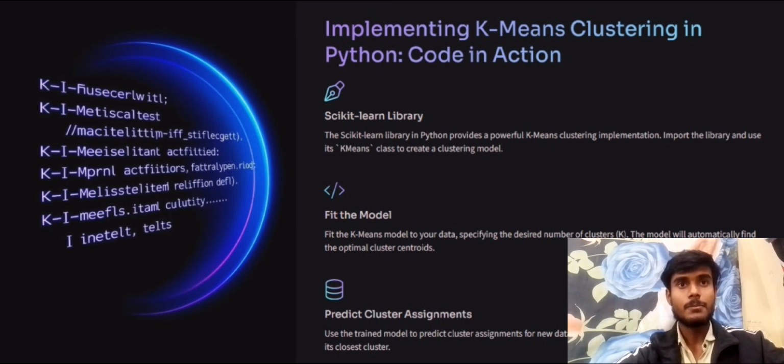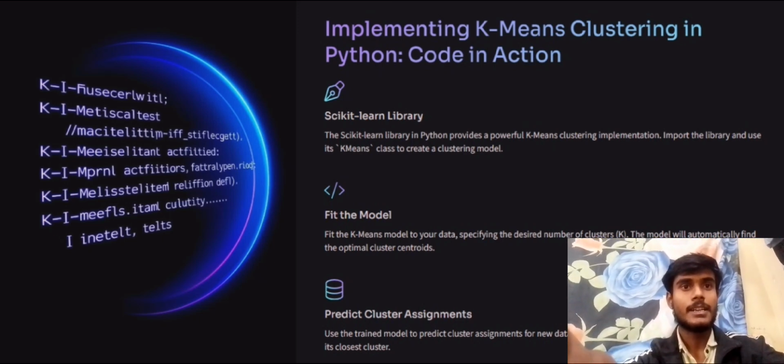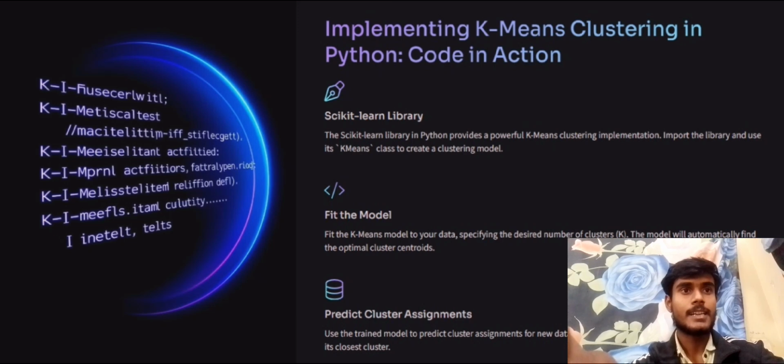Fit the K-means model to your data, specifying the desired number of clusters K. The model will automatically find the optimal cluster centroids. Predict: use the trained model to predict cluster assignments for new data points.